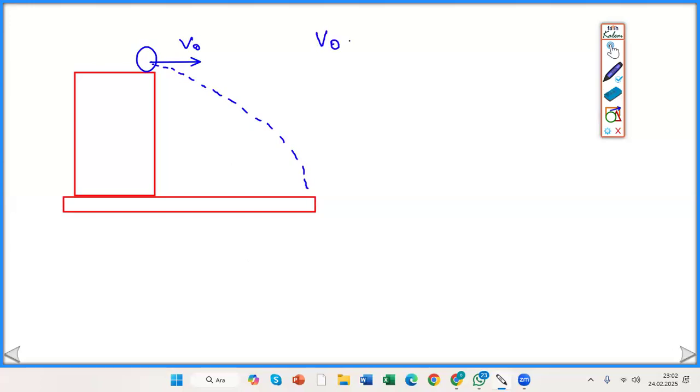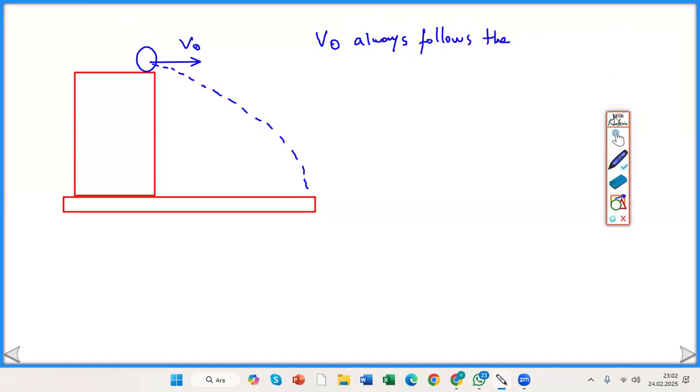In other words, v0 always follows the horizontal path.